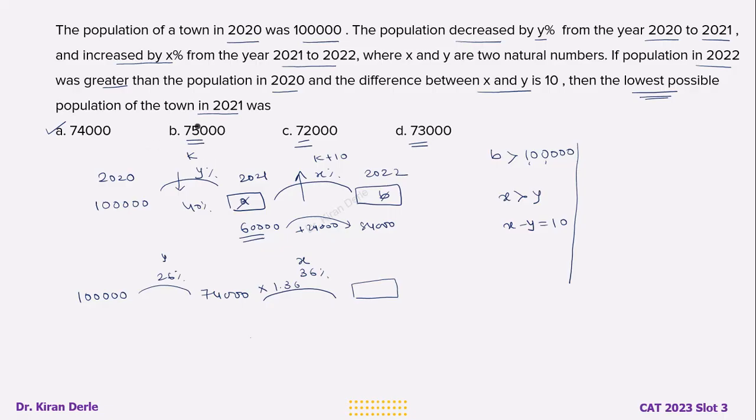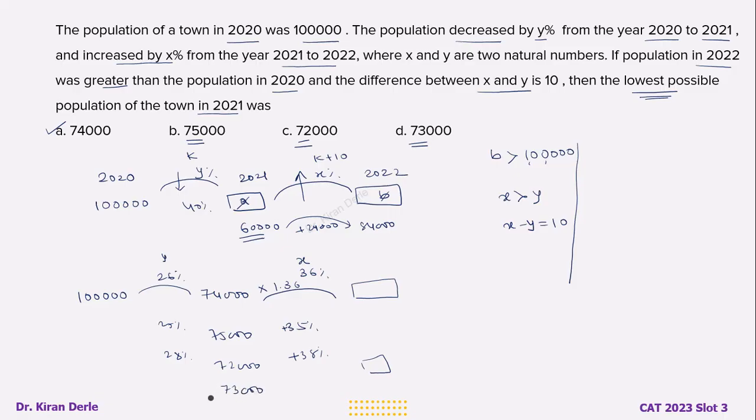Again, you can check with this. Let's say this is 75,000, so that means you are taking 25% as y, so you have to consider 35% for x. Again with 72,000, this is decreased by 28, so x will be 38%, or you can simply multiply this with 1.38 to get this final value. And the last option is 73,000.